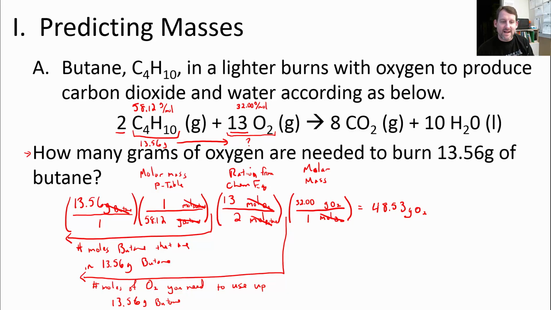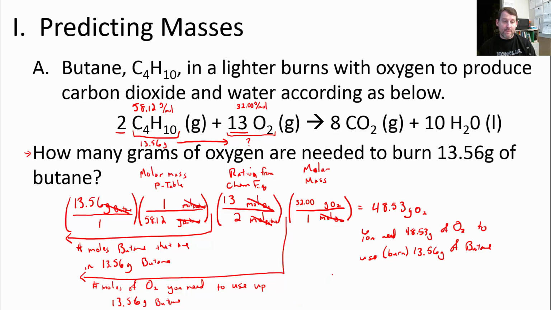So what does this number mean now? This means you need 48.53 grams of oxygen to use up, and maybe you can even use the word burn here, to burn 13.56 grams of butane.